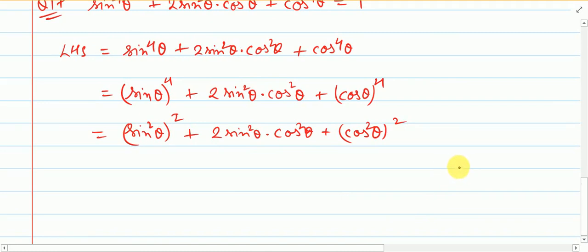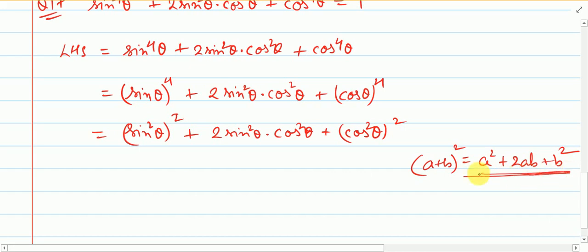Now you recall the formula of this: a plus b whole square is equal to a square plus 2ab plus b square. Yes, so here in our case we have something like this, yes or no? In place of a we have sin square theta, in place of b we have cos square theta.